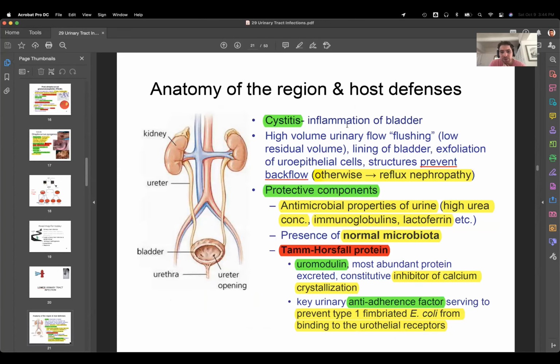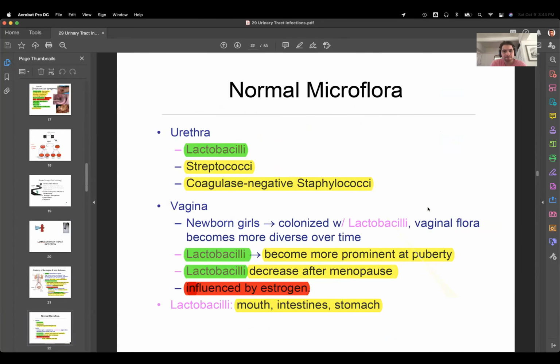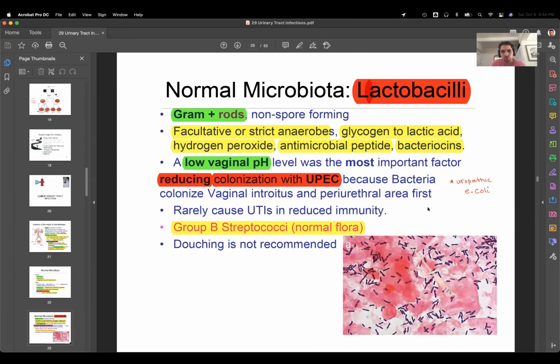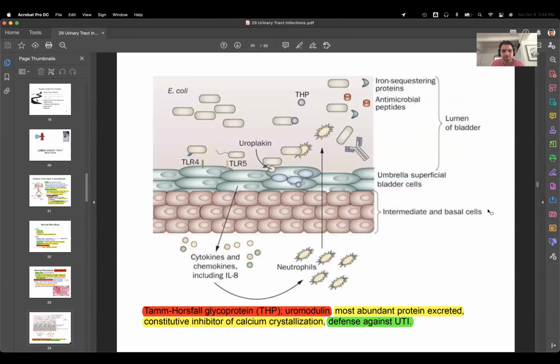And then lower UTIs, cystitis. Lactobacillus are common in the vaginal canal, so they help to acidify the vagina to help with infections.